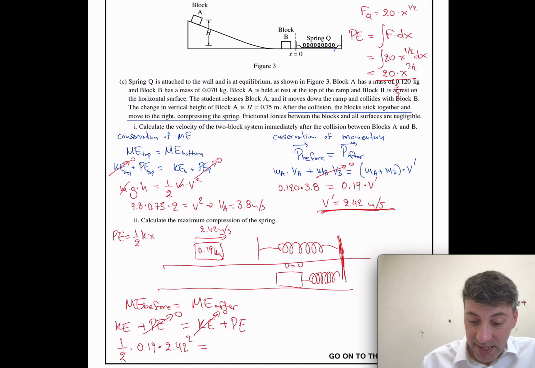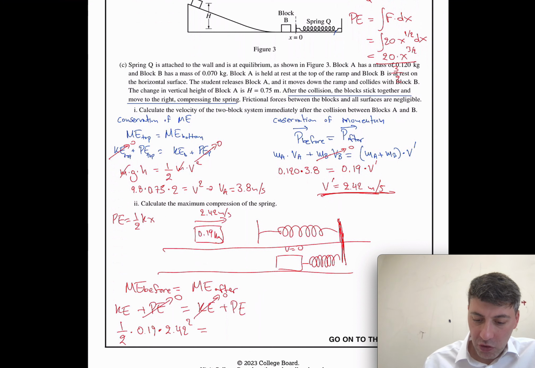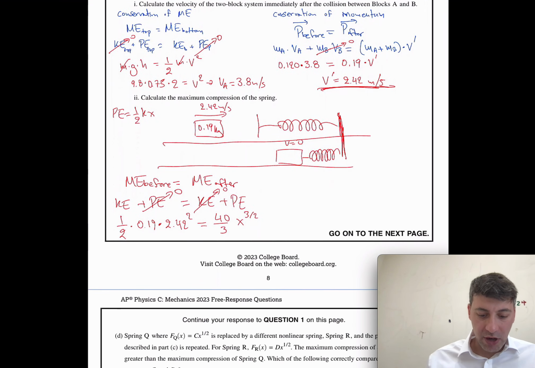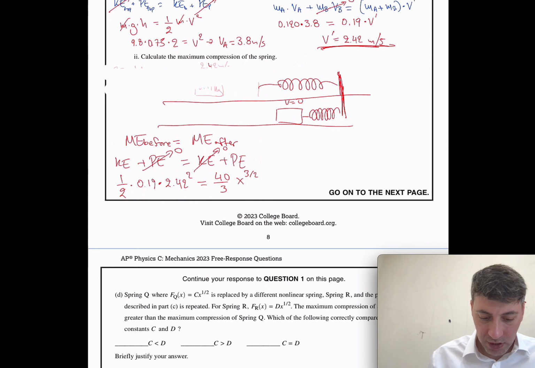I believe that we made a mistake in the previous part. I think I wrote 1 over 2, but it doesn't change our conclusions. So it will become 40 over 3 x to the power of 3 over 2. And we need to solve this equation for x. Let me erase all of this. We don't need it anymore.